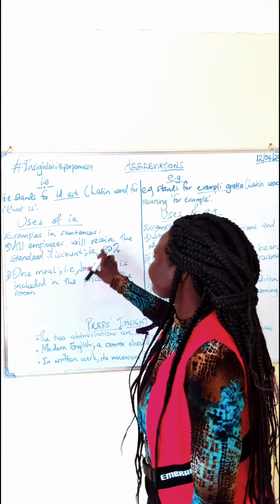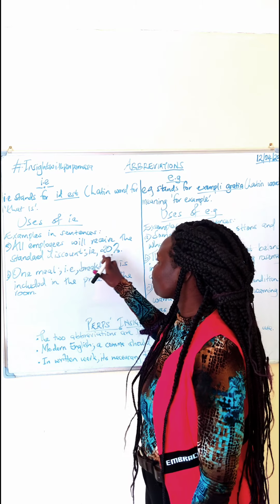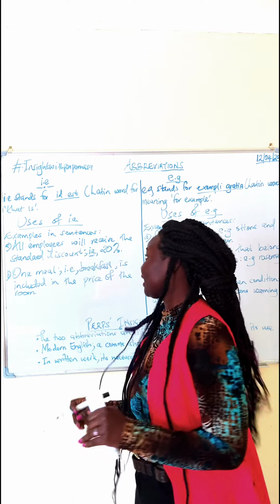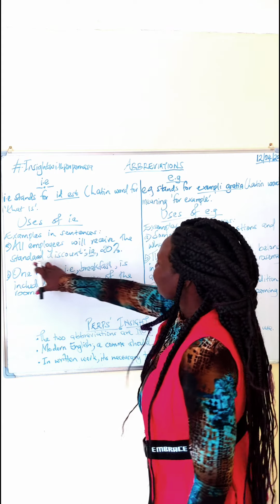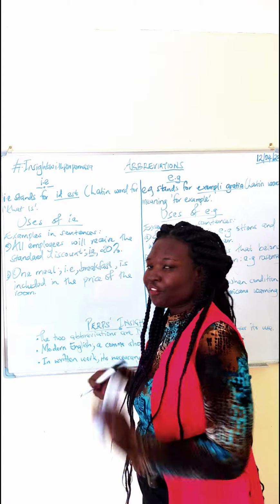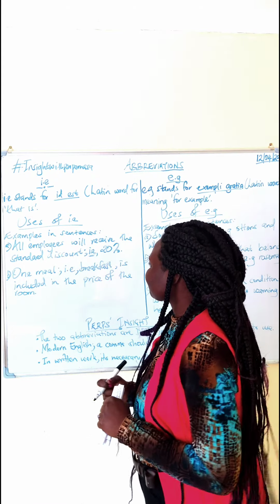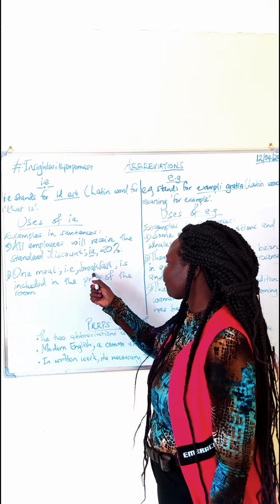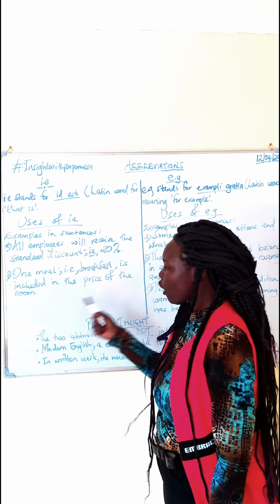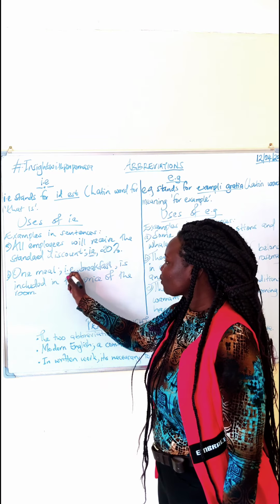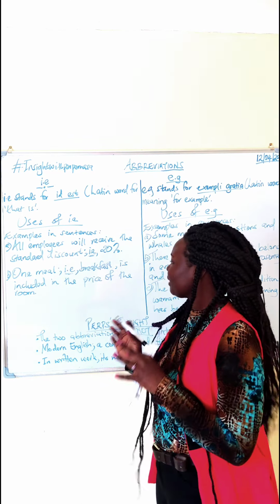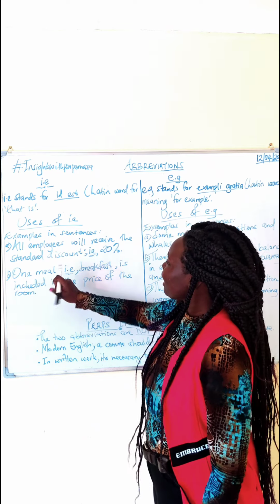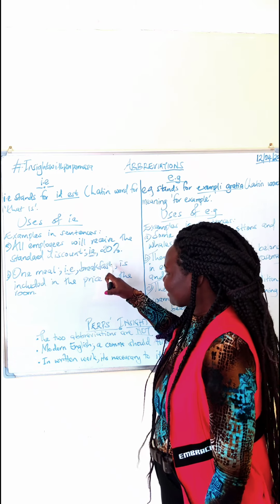Here IE is used because it specifies the standard discount that each employee of a certain company or firm will receive. And then another example: one meal, that is breakfast, is included in the price of the room. Here IE is used to specify which meal is being included in the pricing of the room. So when we read it, we're supposed to say that is.